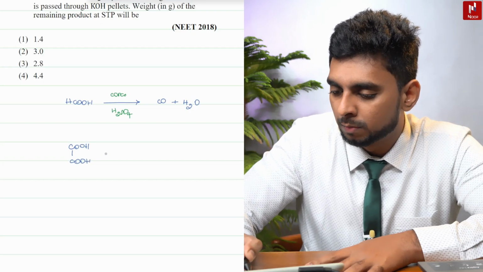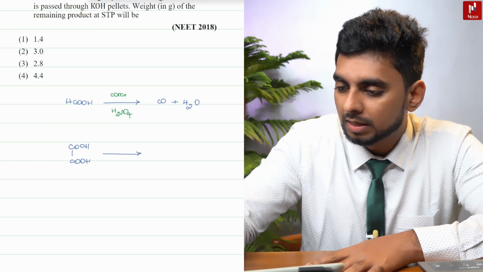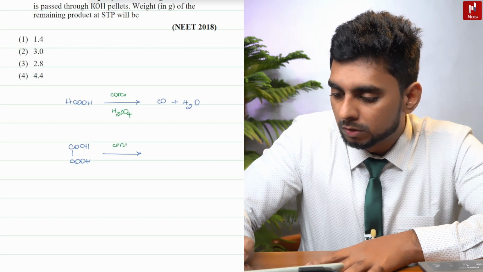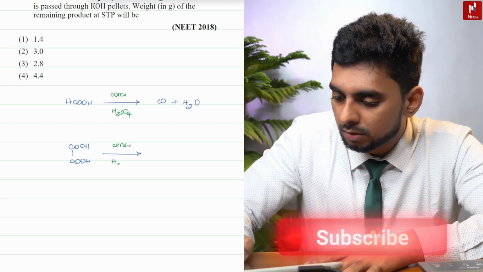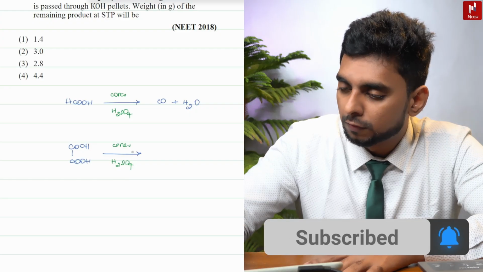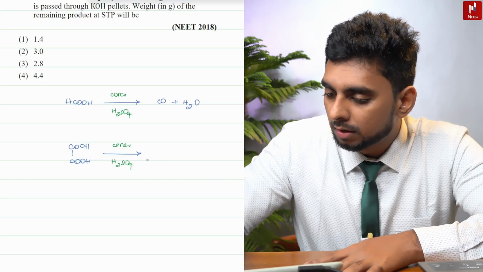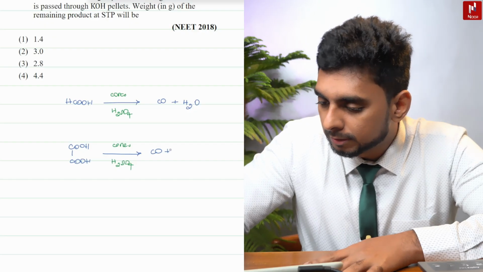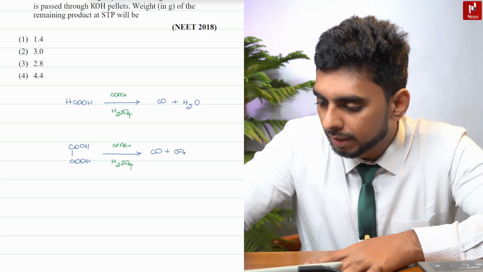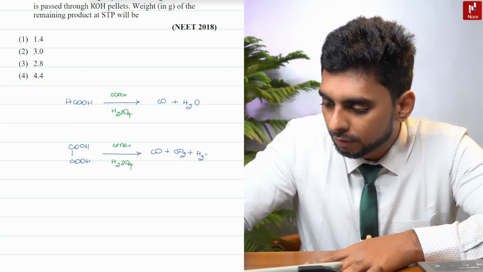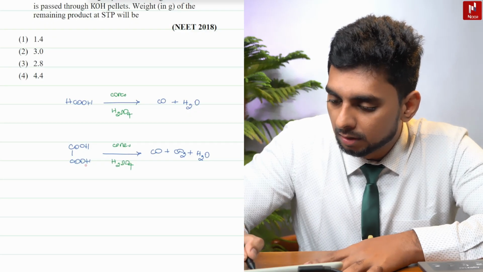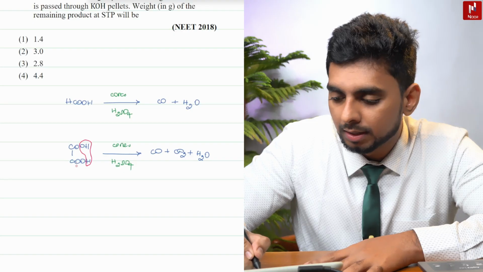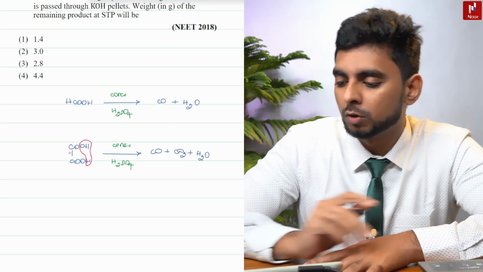Okay, do not worry about the bonds and those things. In the same way, in the presence of concentrated H2SO4, this will give you carbon monoxide plus carbon dioxide and H2O. One hydrogen and this OH will give you H2O, and then CO2 will be evolved. In the same way, carbon monoxide will be evolved.